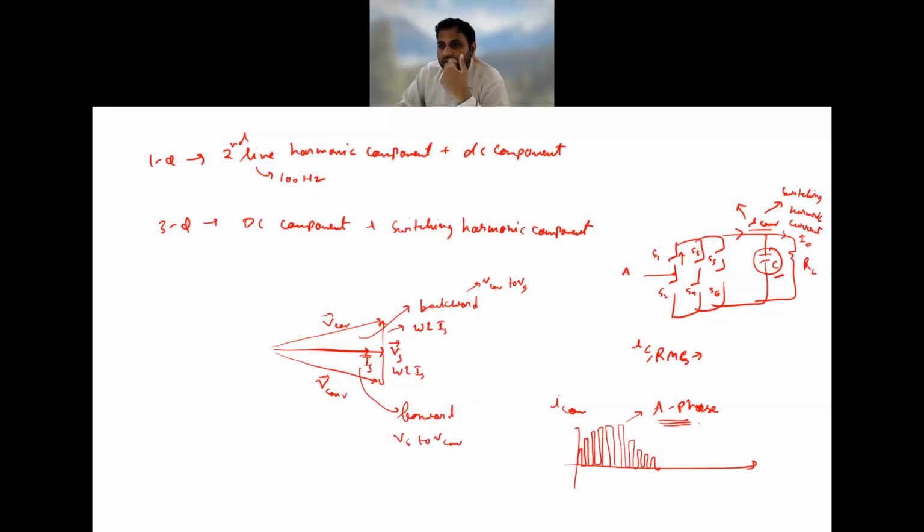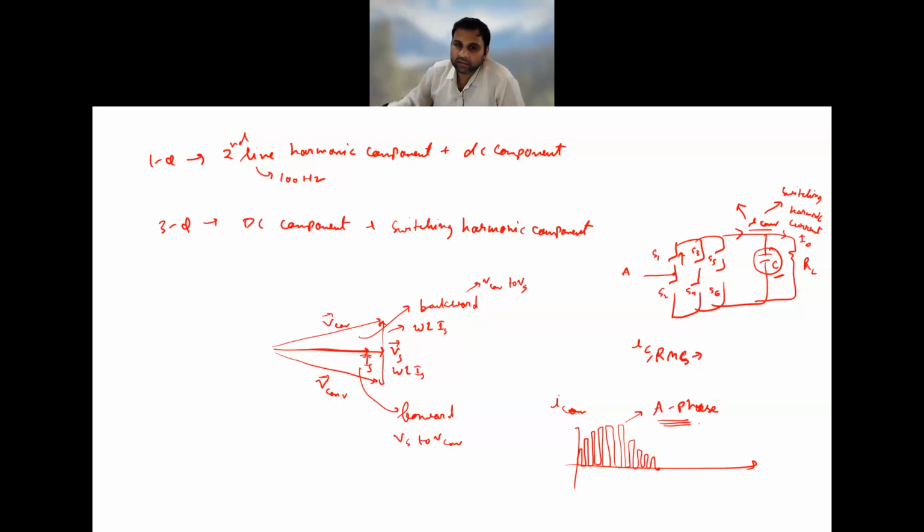Basically, whichever phasor is leading, the power starts from there and goes to the other source, the one whose phasor is lagging.